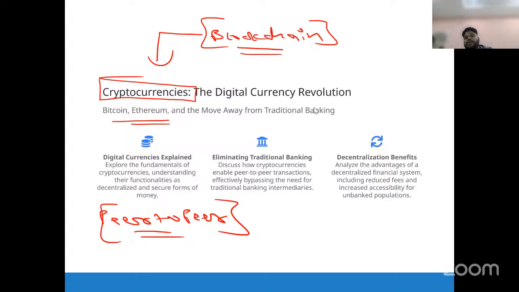This is a peer-to-peer concept, where you do not have any third party or intermediaries. You can have Bitcoin and Ethereum as your currencies and use them in a decentralized way, meaning you don't need anyone in the process. Any transaction you do is distributed across the network, people validate it, and once the majority validate, you are able to move forward.